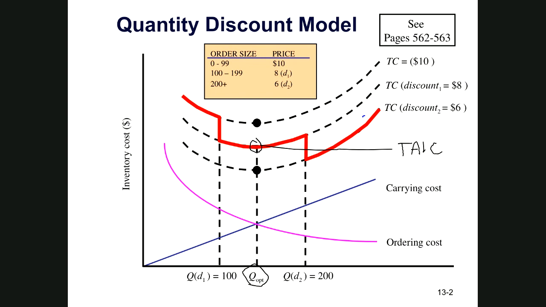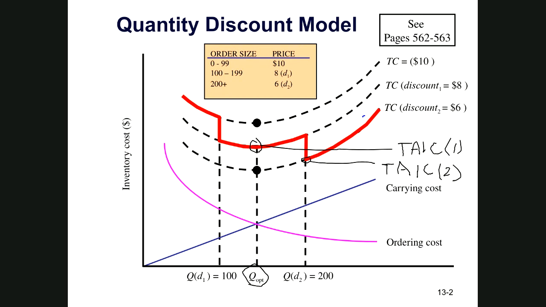And then for each lower price breakpoint, in other words, for this point here, we also need to compute the total annual inventory cost. I'm going to label this total inventory cost 1 and 2 to indicate that those are different.